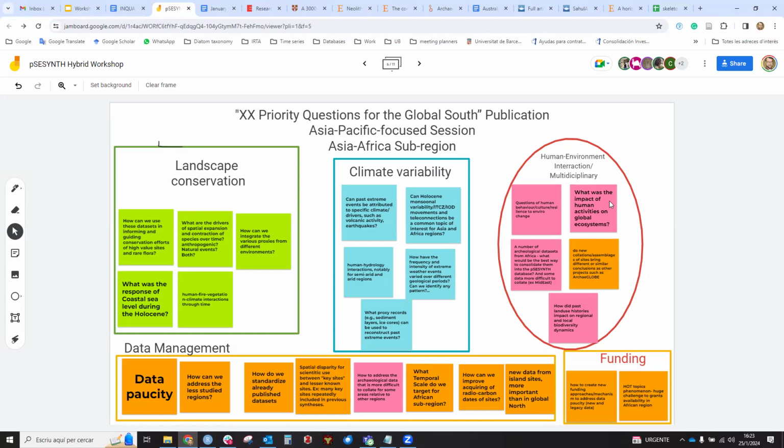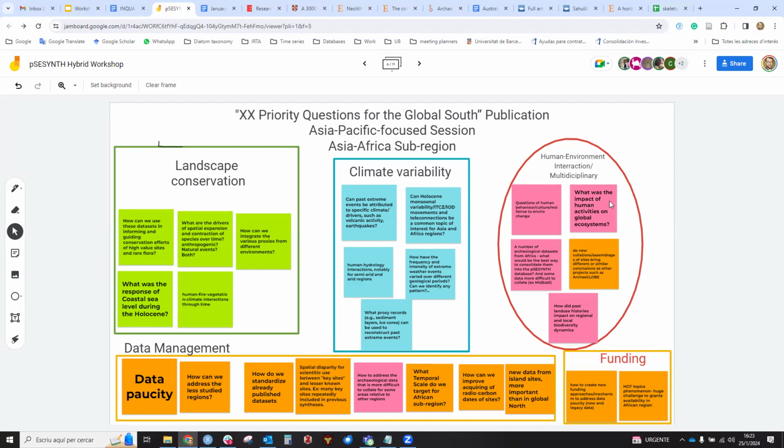And then for the data, this remains the same as we have seen in the other regions. The lack of data is a big thing within the African context because there is either too little done in a lot of areas or a lot concentrated in one single location.